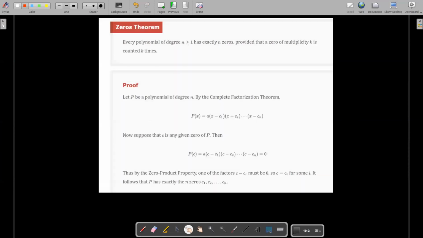So, the zeros theorem: every polynomial of degree n greater than or equal to 1 has exactly n zeros, provided that a zero of multiplicity k is counted k times. Basically, it's just repeating what we said, but in a more rigorous, airtight statement.